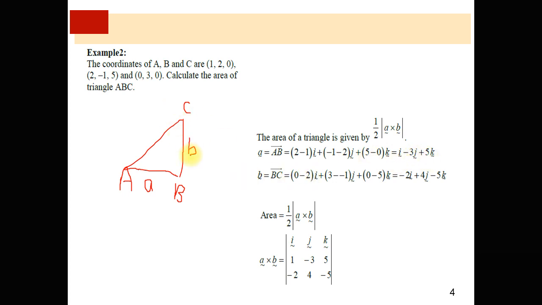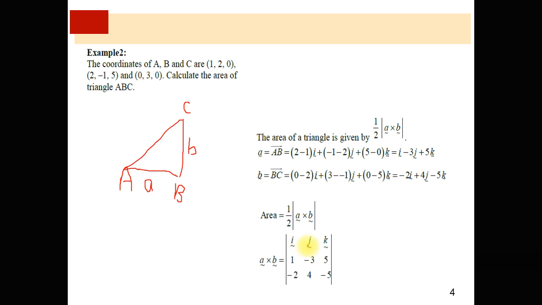And now find another adjacent vector b, which is defined by points B and C. So b is equal to vector BC, so C minus B: subtract the components of point B from the components of point C. This is point B, and this is point C. So 0 minus 2 and 3 minus minus 1 and 0 minus 5, we obtain vector b as minus 2i plus 4j minus 5k.